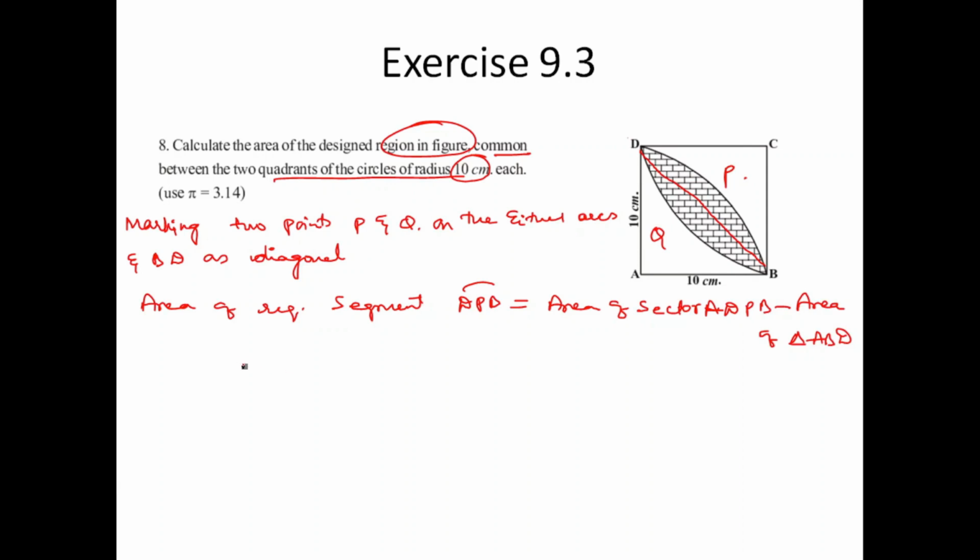Hope this is clear. So I can write this as x by 360 into pi r square minus half into base into height. Hope this is also clear.